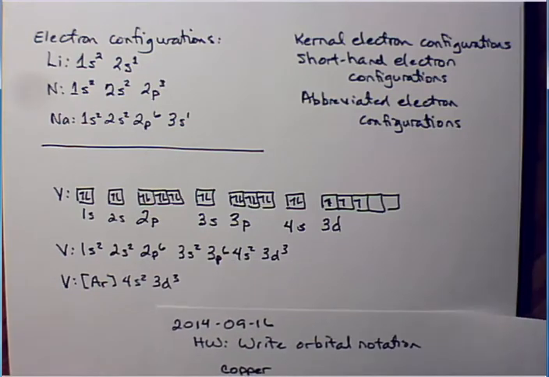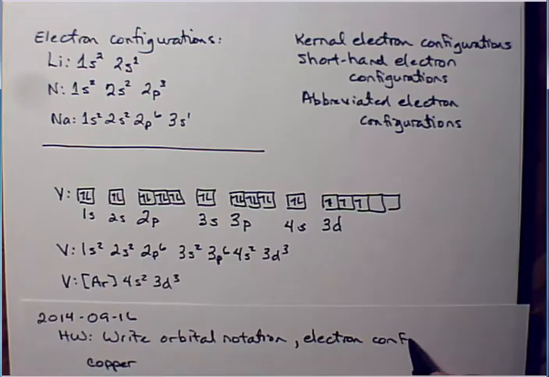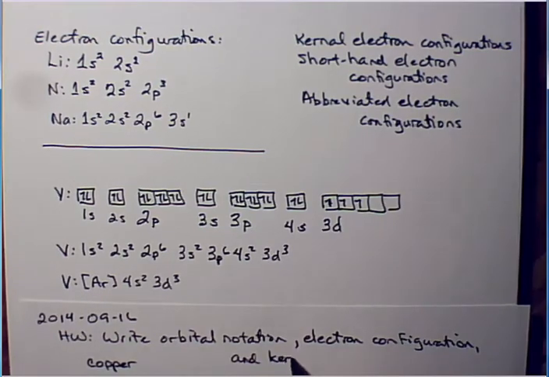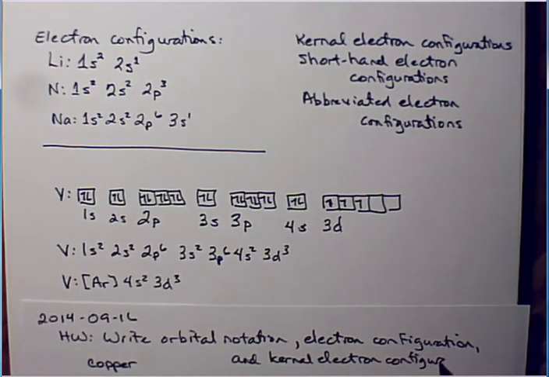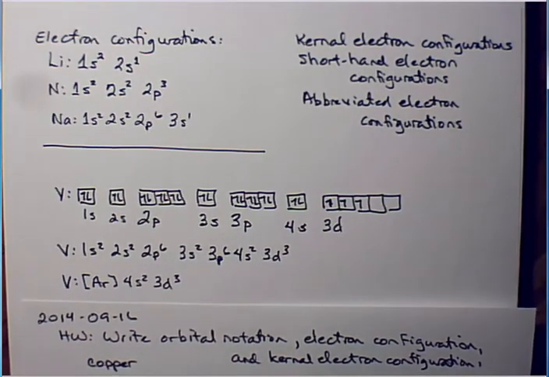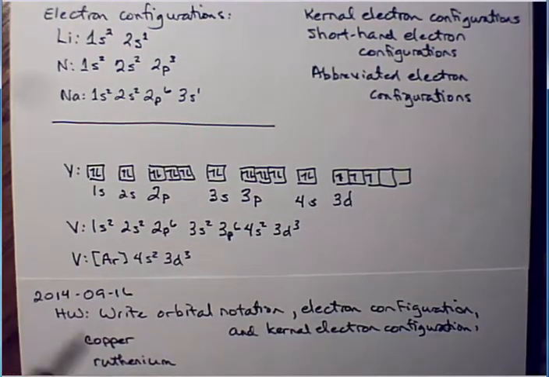So on the homework, you're also going to write the electron configurations and kernel electron configurations, orbital notation, electron configuration, pretty much everything you learned today, for copper and ruthenium.